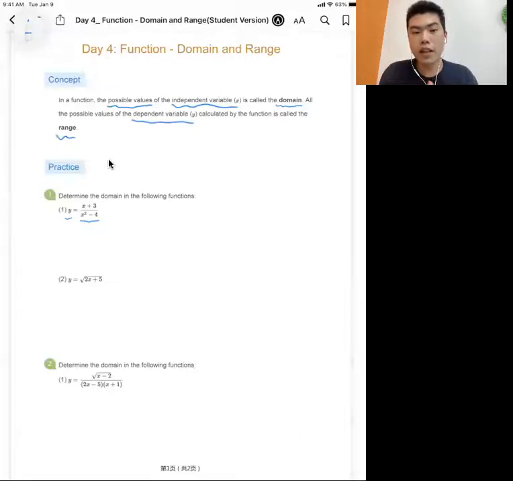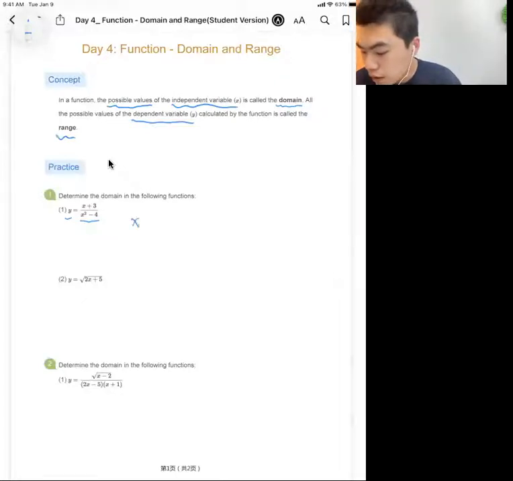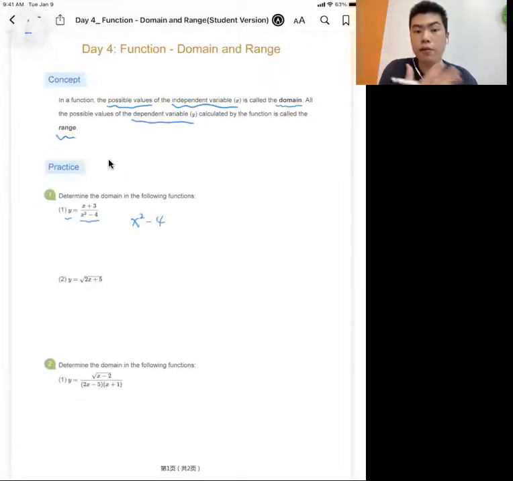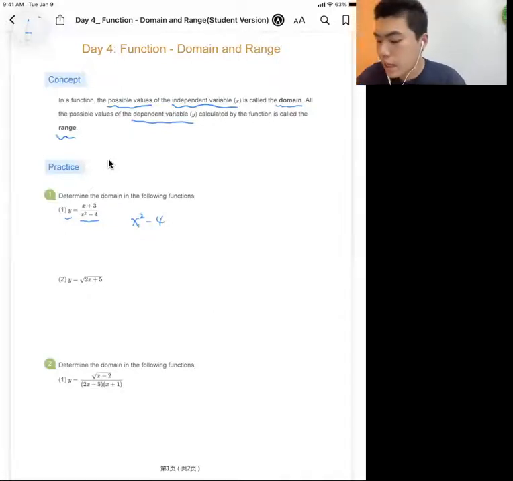So we know the denominator cannot be equal to 0. In this case, the denominator is x squared minus 4. So the restriction is that x squared minus 4 cannot be equal to 0. In this inequality we have our independent variable. Solving it, we have x squared does not equal 4. Solving an inequality is similar to solving an equation.